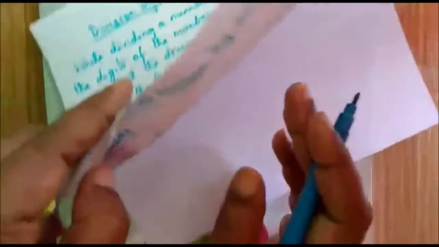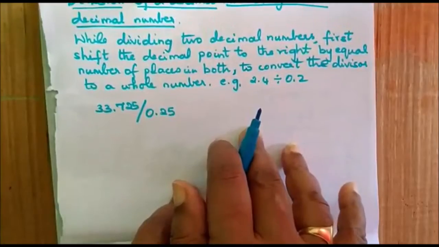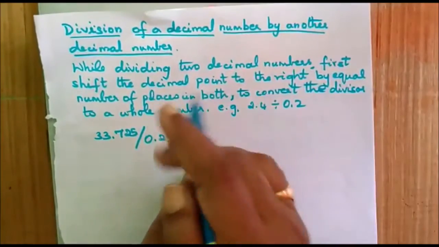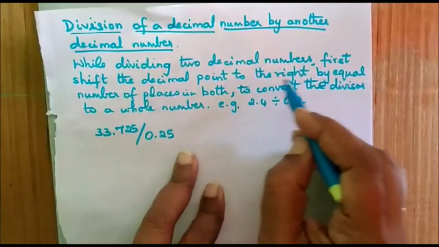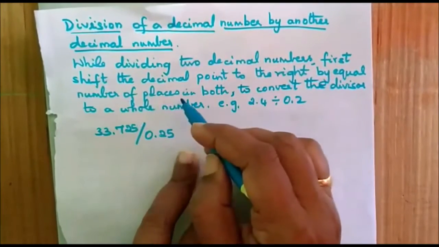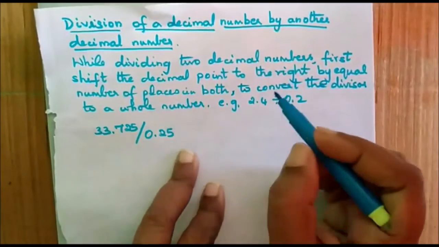Now let us go to the next topic, that is division of a decimal number by another decimal number. While dividing two decimal numbers, first shift the decimal point to the right by an equal number of places in both to convert the divisor to a whole number.